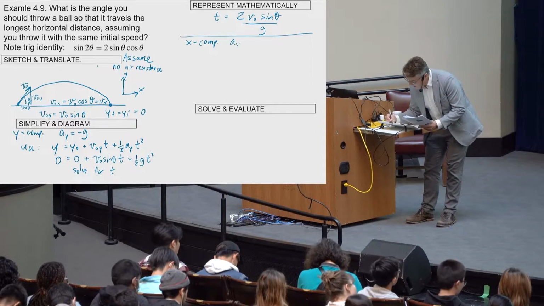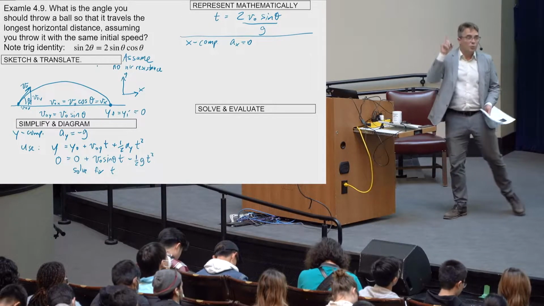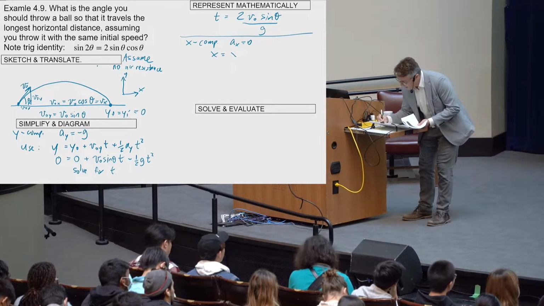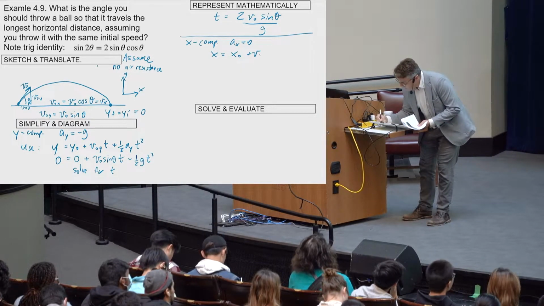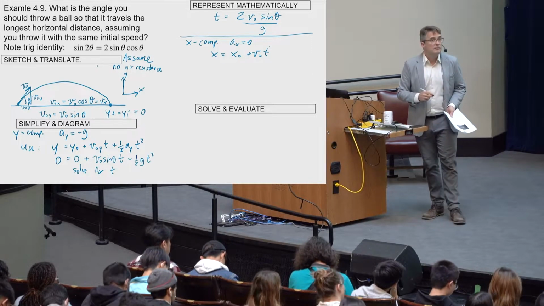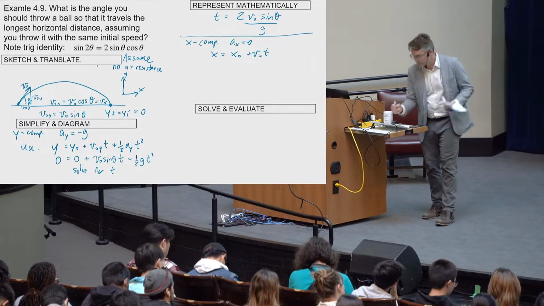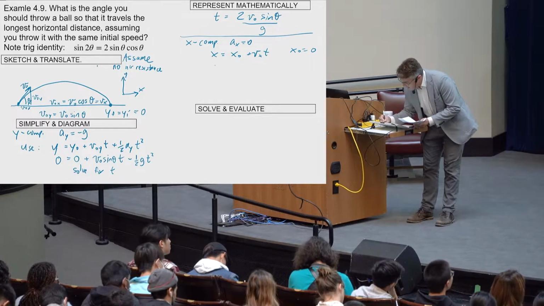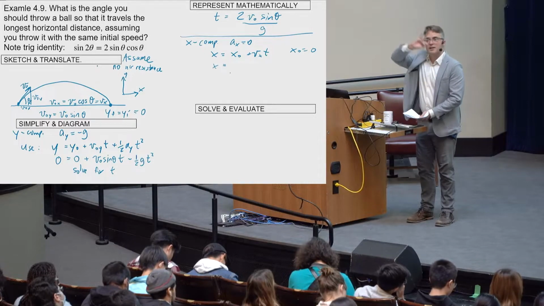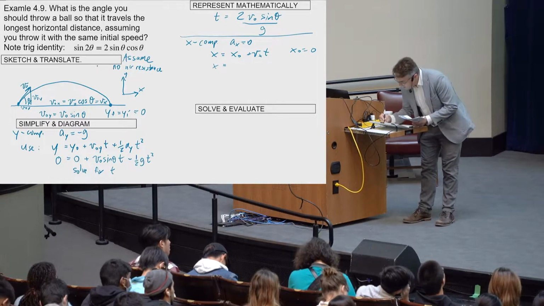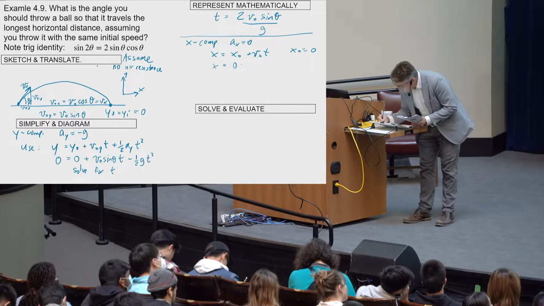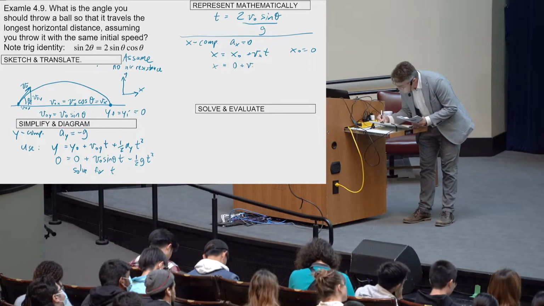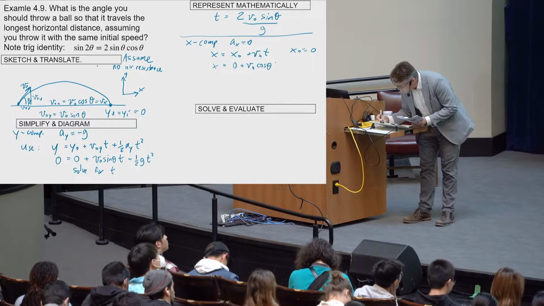a sub x equals 0. There's only one equation of 0 acceleration, and it's just this. x is equal to x0 plus v sub x times t. Easy. And I'll say that maybe x0 is 0 as well. So I just get x, which is actually what you're trying to make the biggest, is equal to 0 plus v0 cos theta times t.